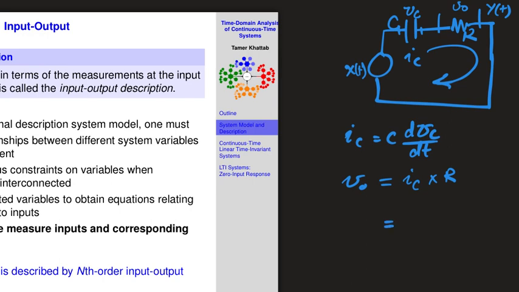So this says that V output is equal to RC dVc by dt, right? Now you were able to create some relation between the output and the voltage across the capacitor. Now you have another relation that relates those quantities to the input.